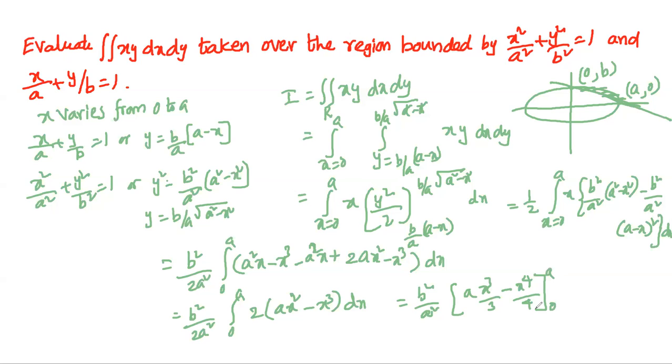Substitute the a value, upper limit only, lower limit obviously 0. So b square by a square into (a power 4 by 3 minus a power 4 by 4). Once you do that, a square b square by 12 will come. This is the final answer.